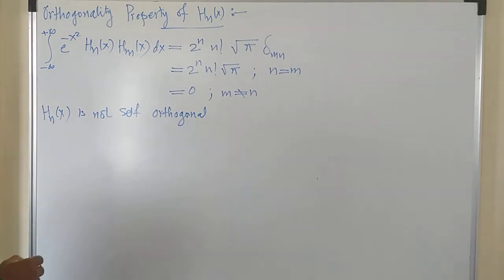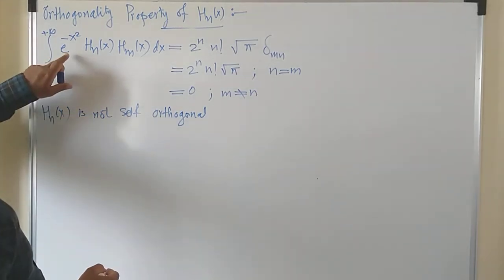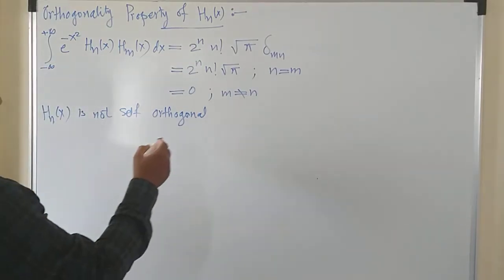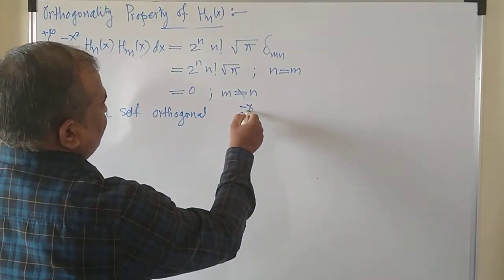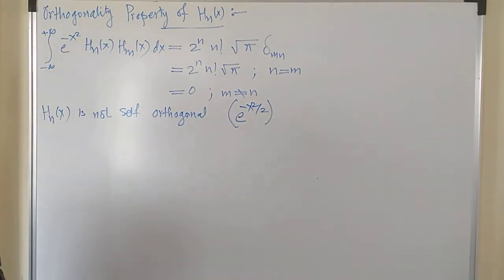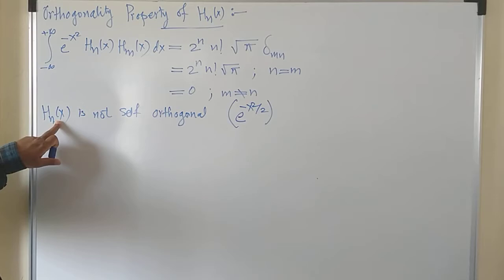To make it self-orthogonal, or self-adjoint, we need to multiply by the factor e raised to minus x square by 2.